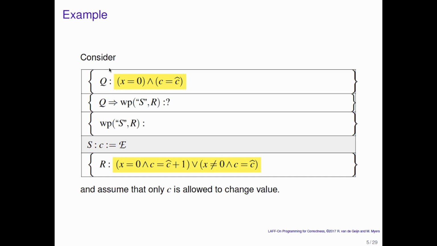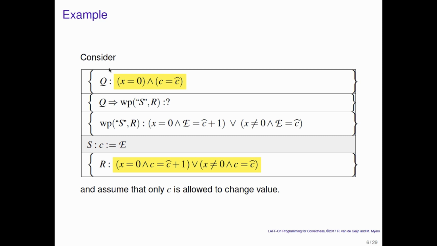And then what? Well, we don't know what the expression is, but we do know how to compute the weakest precondition. That's a matter of substituting the expression e in for every occurrence of c. Strictly speaking, we probably should have had some parentheses here, but it's all going to be okay.